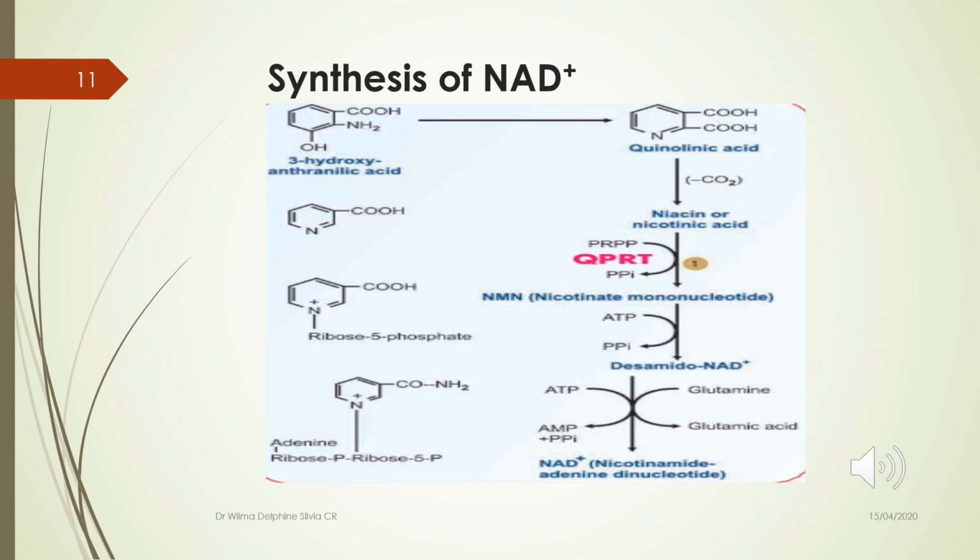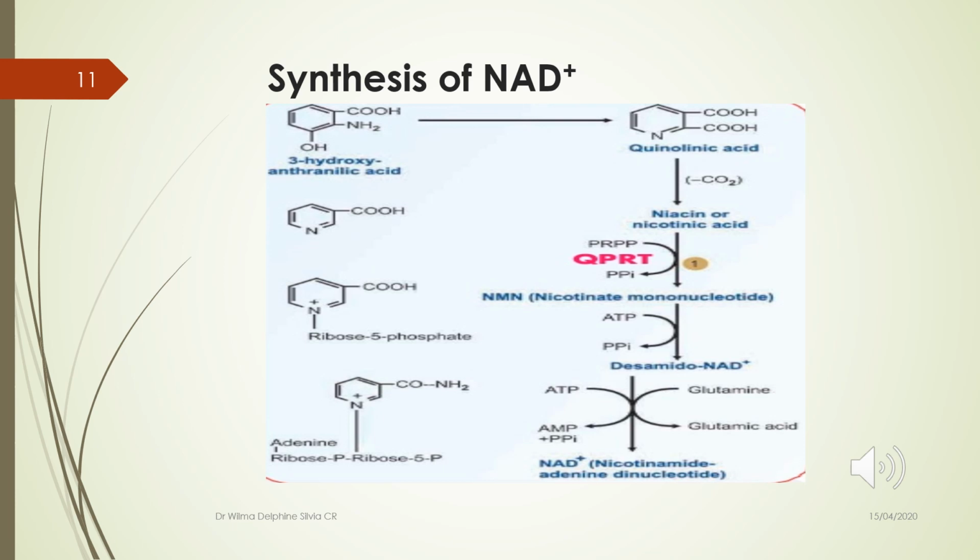In the presence of the enzyme quinolinate phosphoribosyl transferase, the phosphoribosyl group of phosphoribosyl pyrophosphate reacts with niacin to form nicotinate mononucleotide, and inorganic pyrophosphate is released.